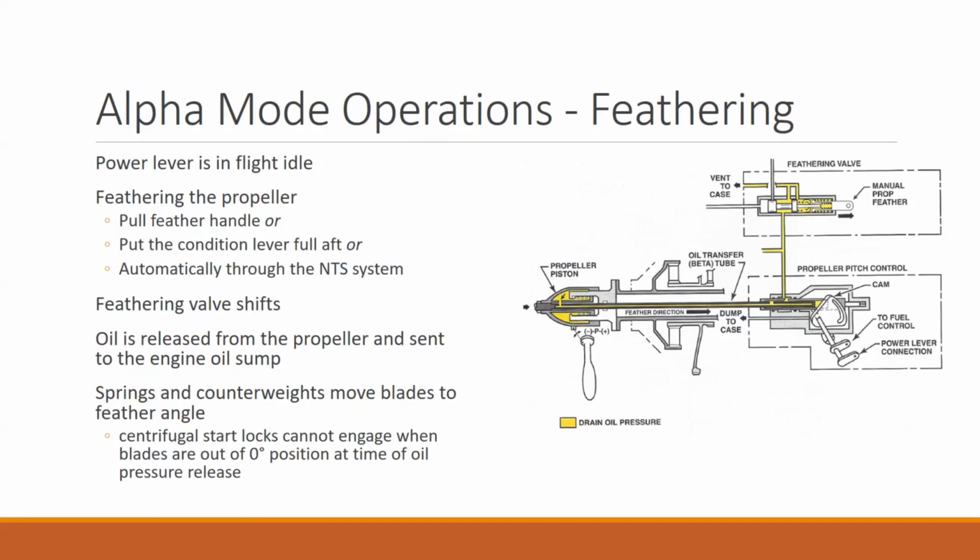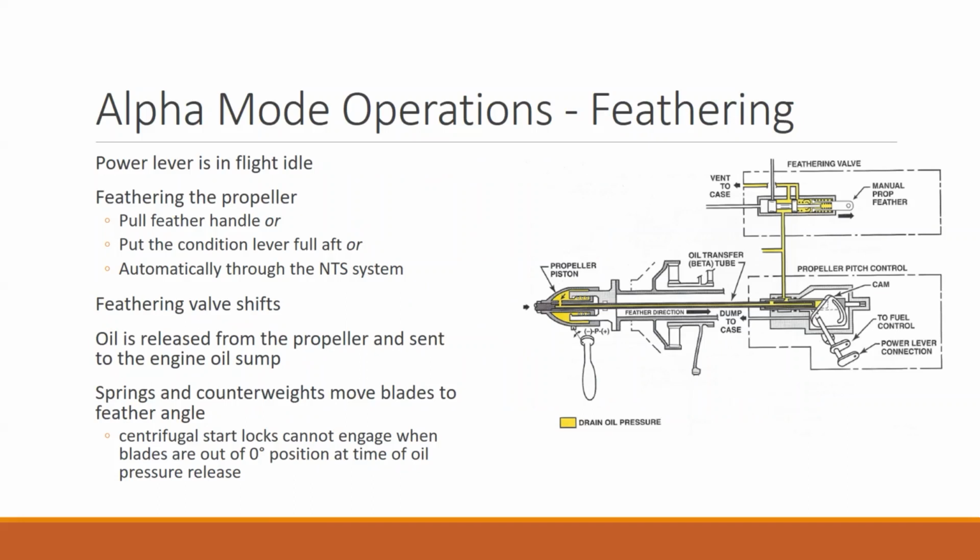Okay. So if we're in flight, essentially in alpha mode operation, and we need to feather the propeller, and we want it to go to feather without the start locks engaging, remember, the prop governor's up here at the top. That's supplying our oil pressure, but the prop feathering valve gets pulled. That's going to allow oil to flow out of the dome.